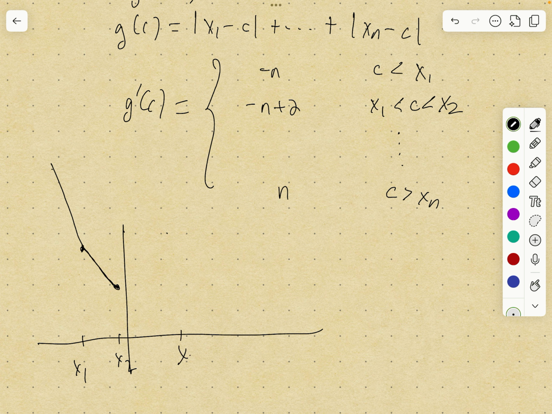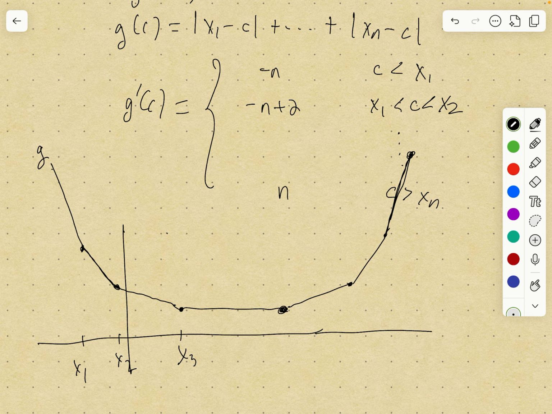And then between x2 and x3, it depends on what your n is, but suppose you had a really large value of n, then your slope would get less negative until it had a slope of 0, and then it's going to slope up again and get steeper and steeper like this. So this is an example of what g of c could look like.